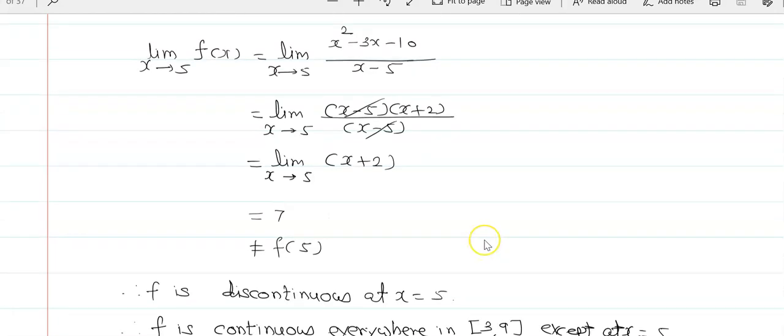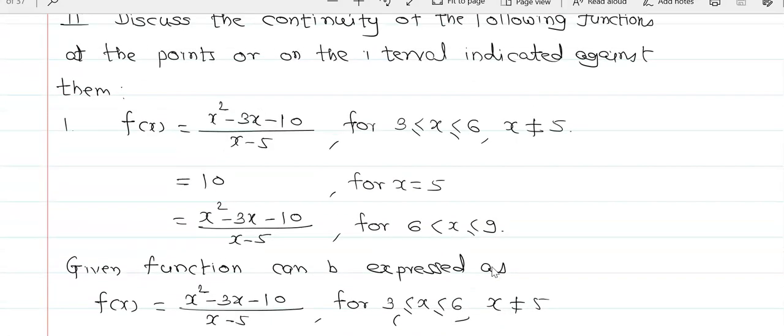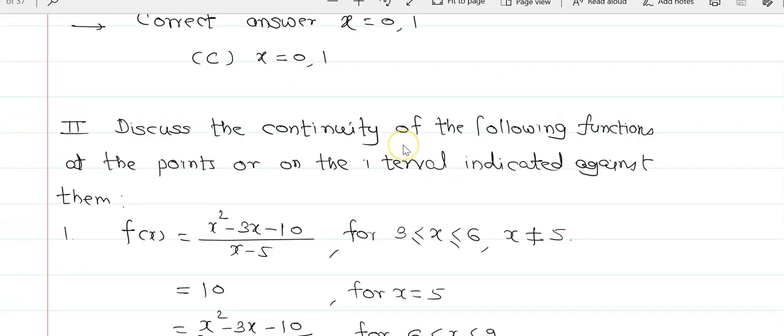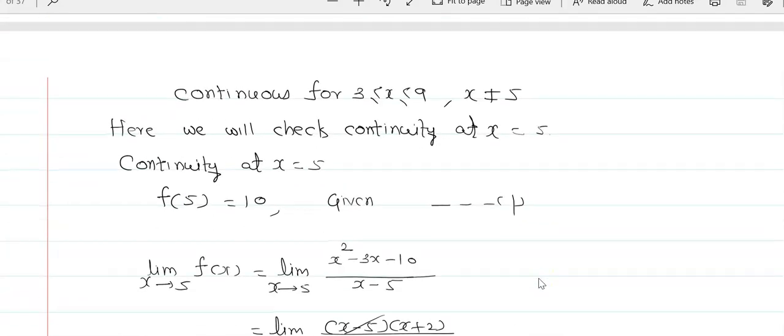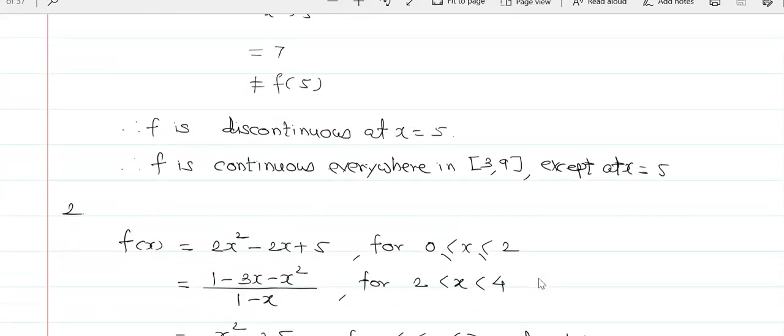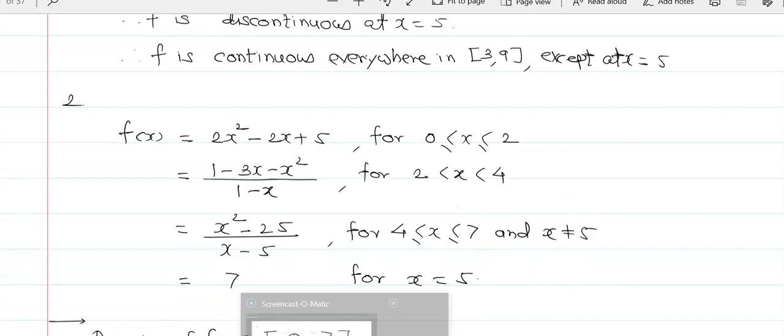Hence the given function is discontinuous at x is equal to 5. Therefore, f is continuous everywhere in the closed interval 3 to 9. We take here the closed interval. What is the interval? That is 3 to 9. Therefore, the given function is continuous except at x is equal to 5. Now the next problem.